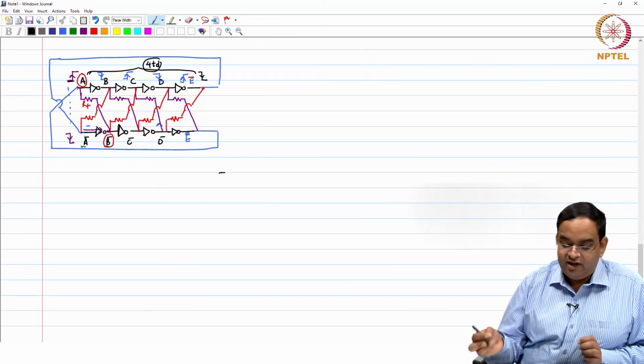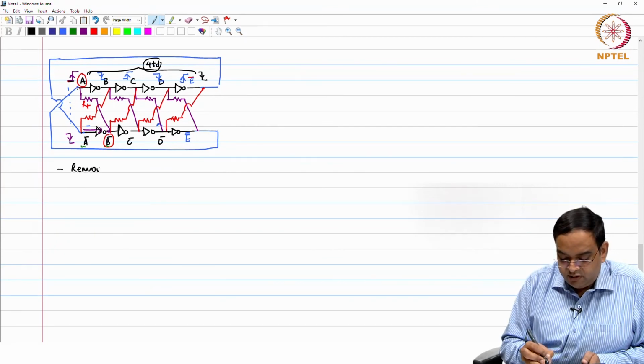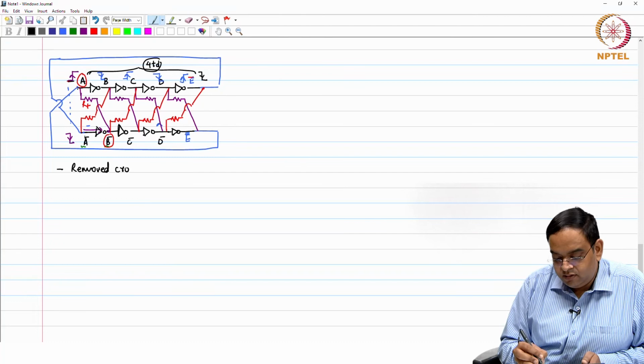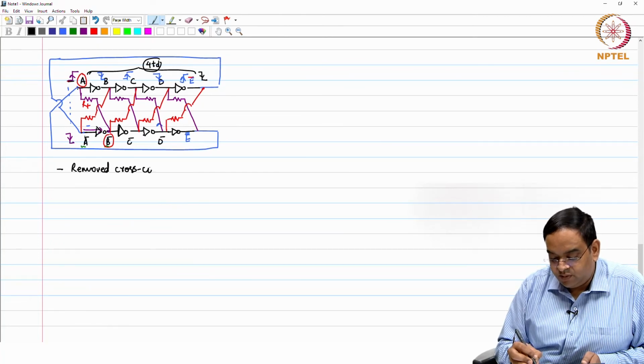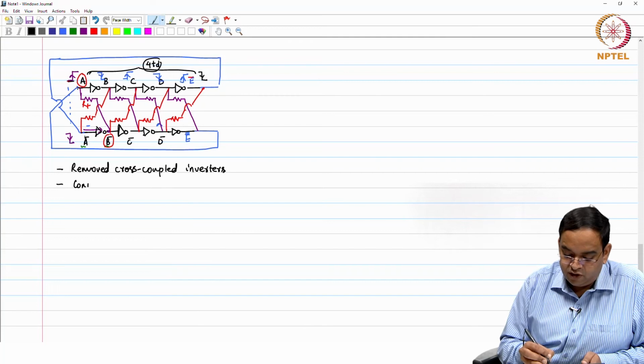So, what we have done is we removed the cross coupled inverter and connected feed forward resistors, you can say that.